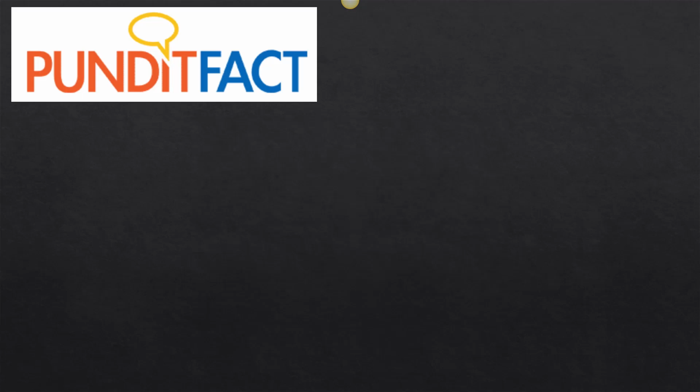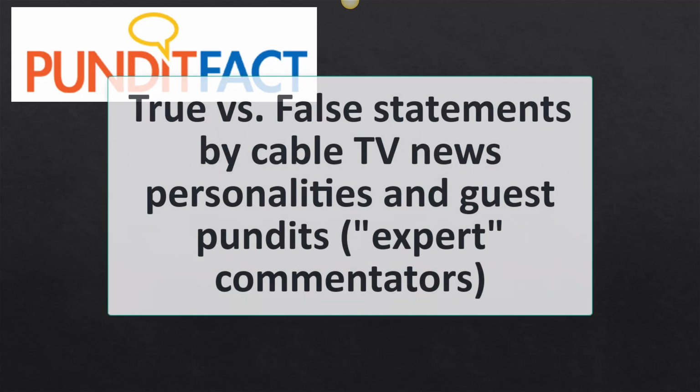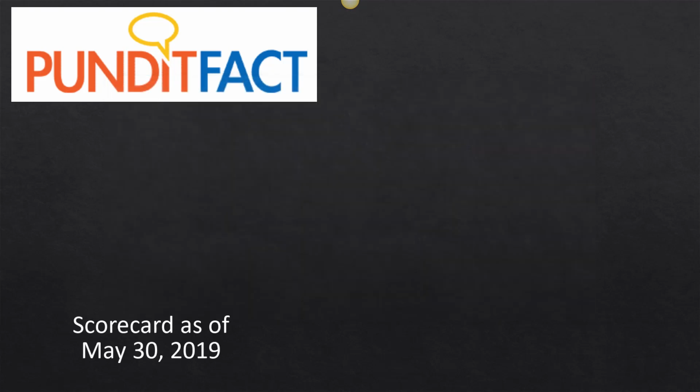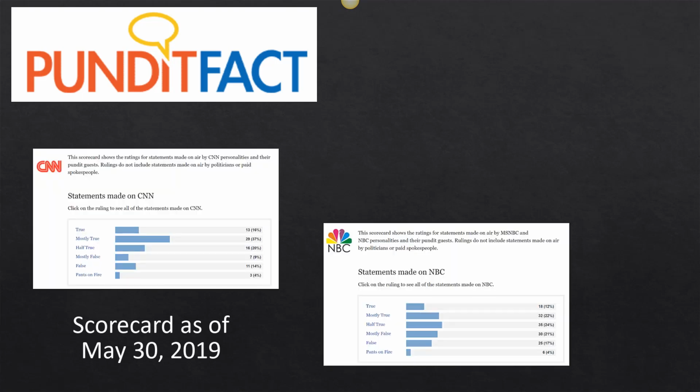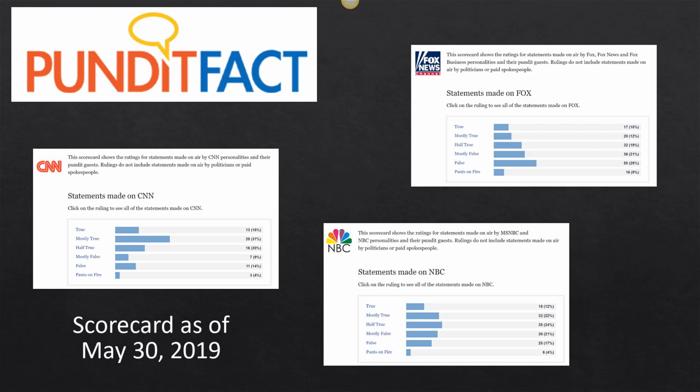PunditFact looked at the truthfulness of statements being made by on-air news personalities and the pundits that they had on as guests to provide their opinions about various political and social issues. They looked specifically at the commentary and punditry on sources such as CNN, MSNBC, and Fox News. Now, again, we're not talking about straight hard news coverage. We're talking about commentary shows.